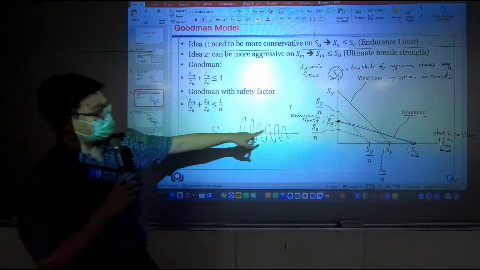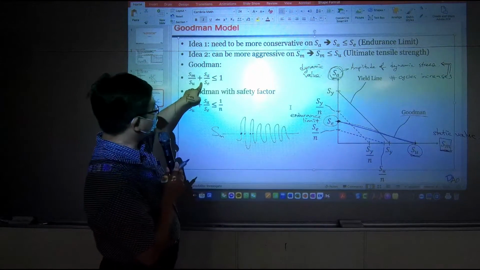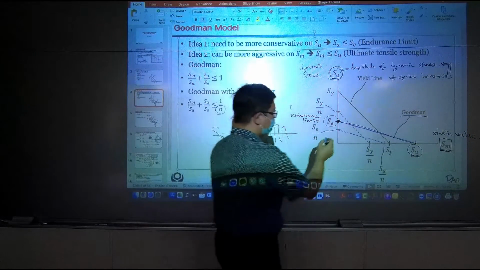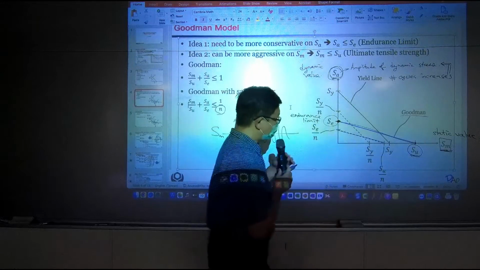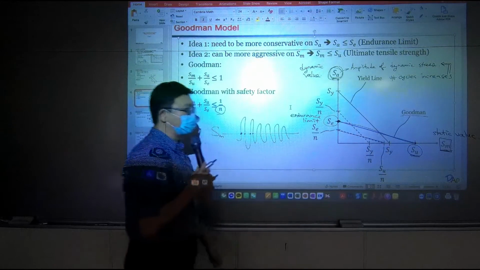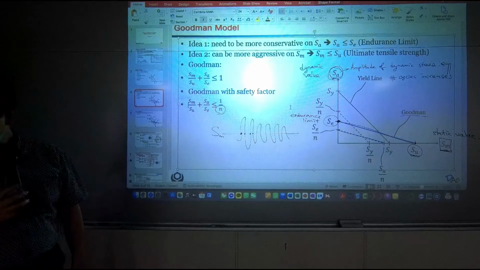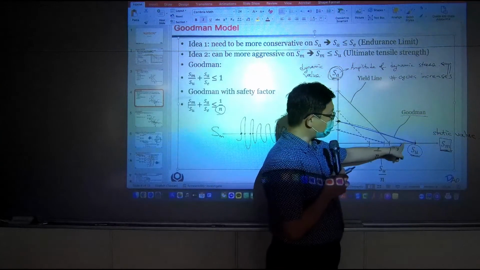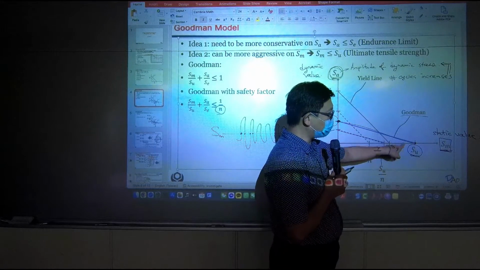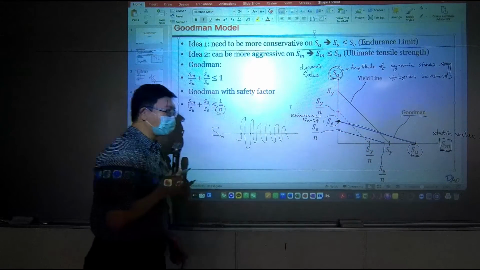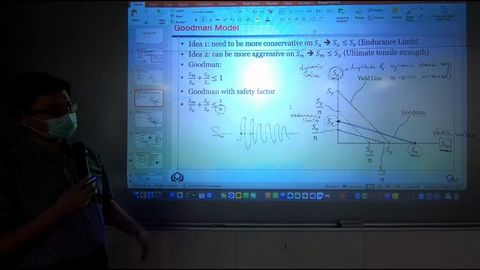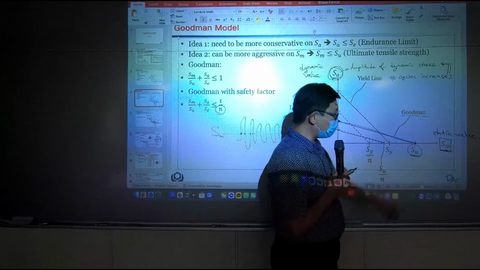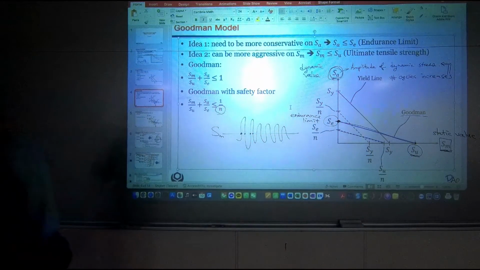Okay, so the mathematical equation looks like this. And if you apply a safety factor, you end up with a smaller range of your design. But when we do this assumption, we allow the mean value of your stress to be as large as your ultimate tensile strength. That's a little dangerous.